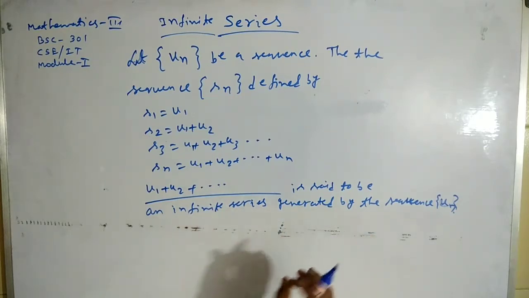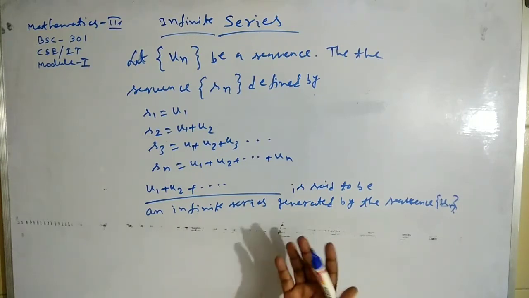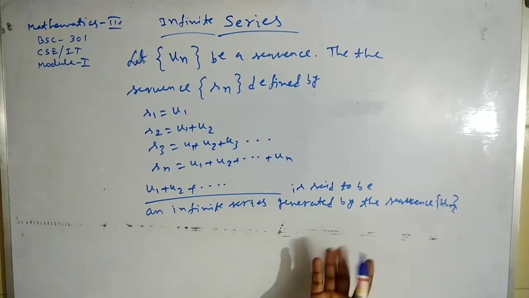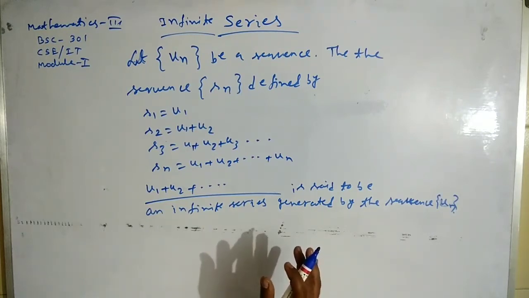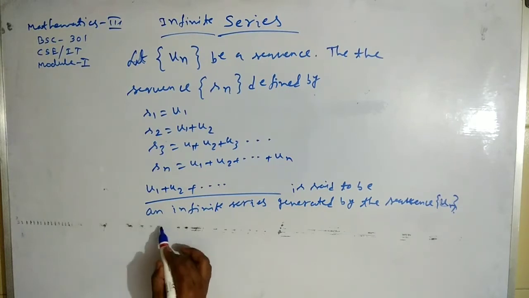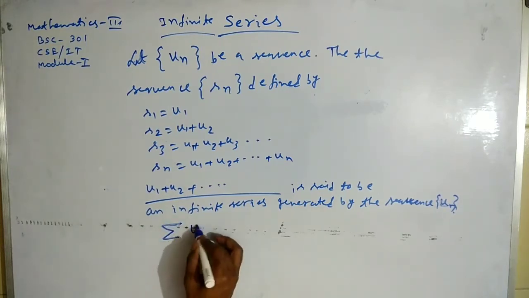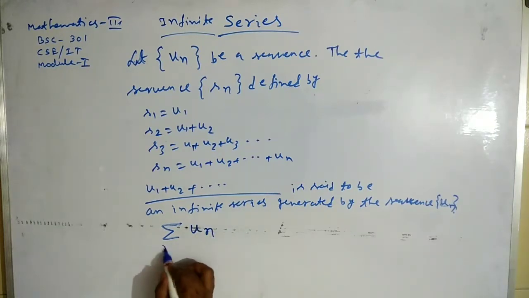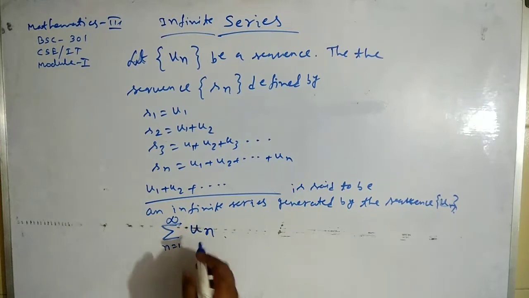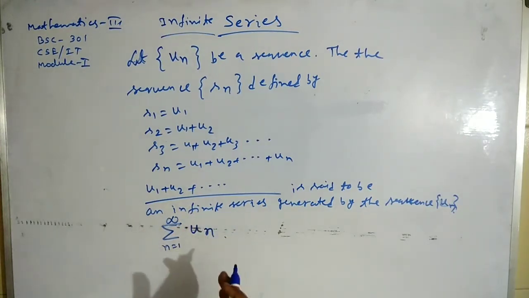Okay, so if we are given a sequence, we can find an infinite series corresponding to that sequence. This infinite series is denoted by summation Un, where n equal to 1 to infinity. So this is the notation of the infinite series.